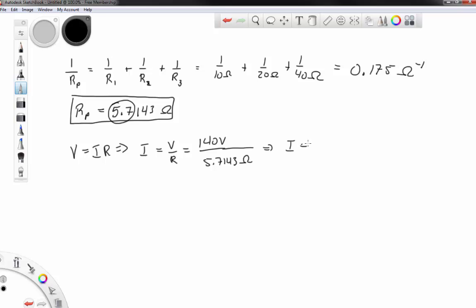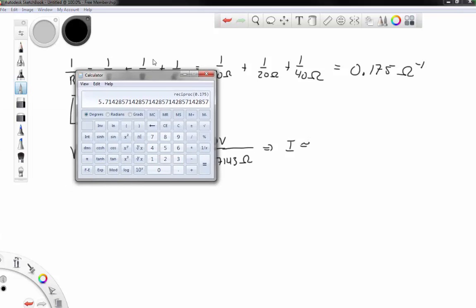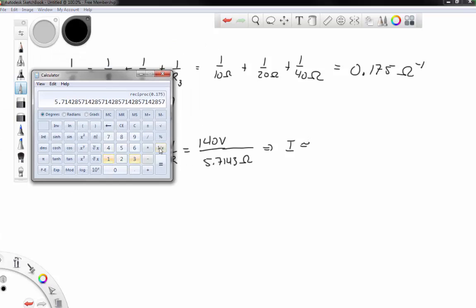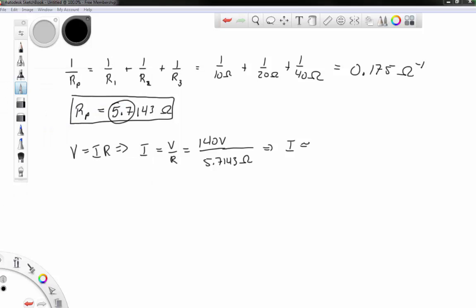And so the total current should be, let's pull out the calculator, 1 over x for that, and then that times 140 gives us 24.5. So we'll just write 24.5 amps here. Again, there's actually only two significant figures to work with, so it's really going to be 25 amps.